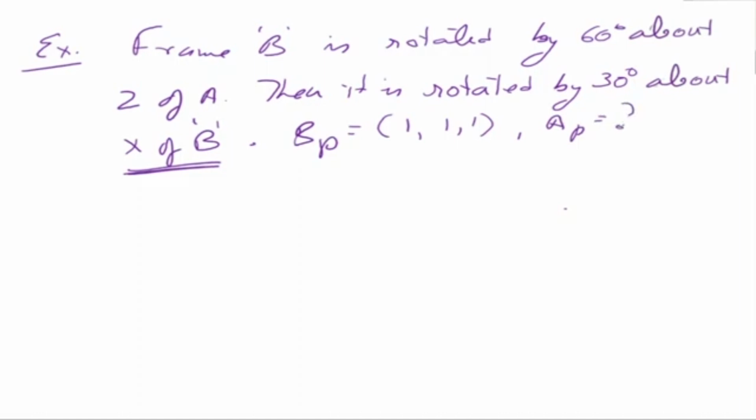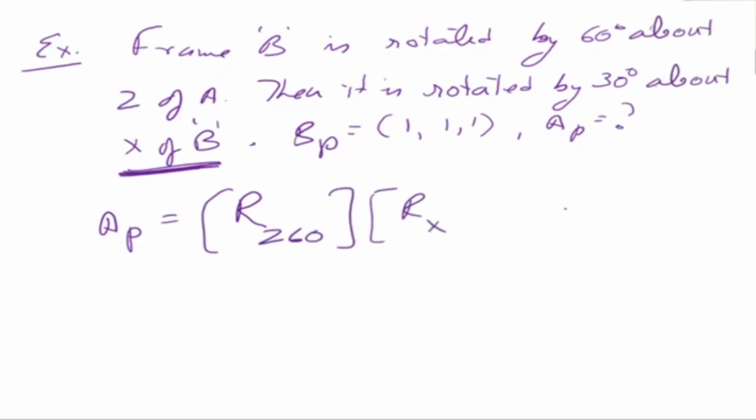So now if you're given BP is equal to 1, 1, 1, what is AP? How do you find that? So AP is equal to, this is a rotated system, please be careful here. So it is going to be a rotation about Z60 into rotation of X30, and this is going to be my BP. So we can simply write the matrices and get the number.